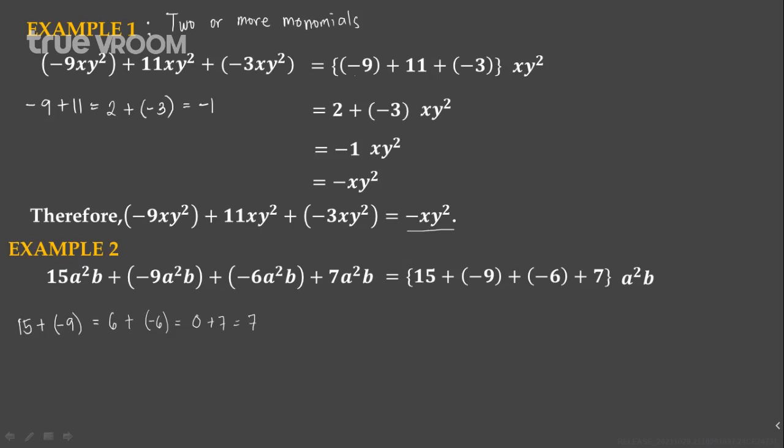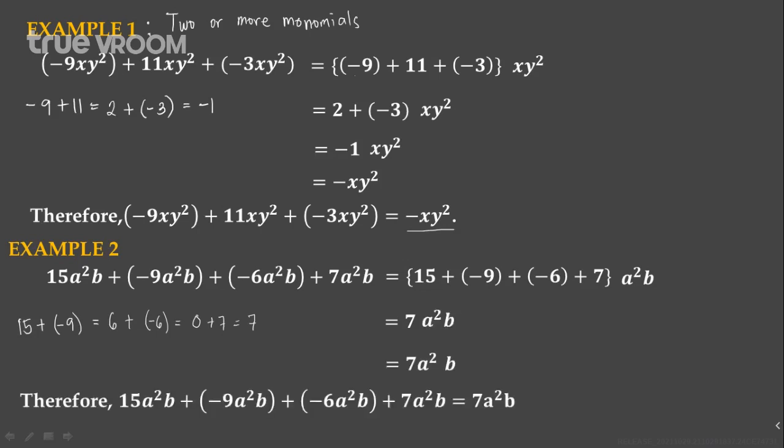All right, so this is equal to 7. And then copy what? Copy a squared b. Okay, so therefore, your answer is 7a squared b. So put a period here. All right. Do you understand, everybody? Yes.